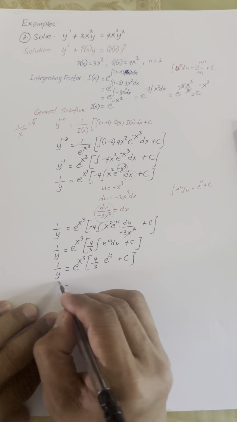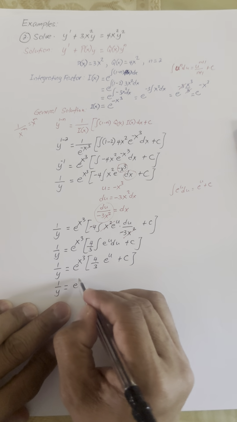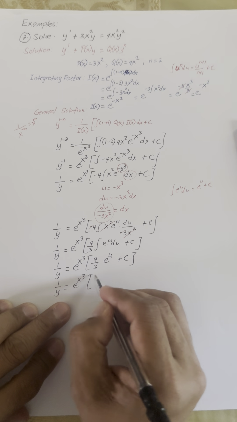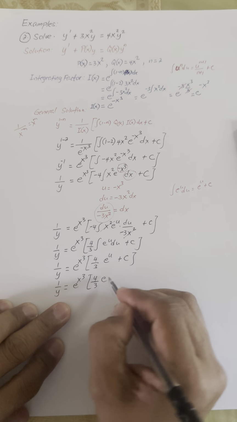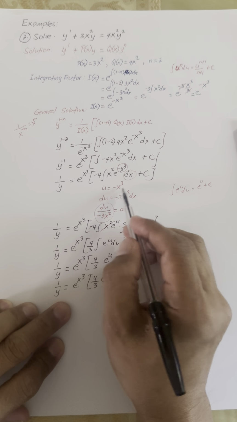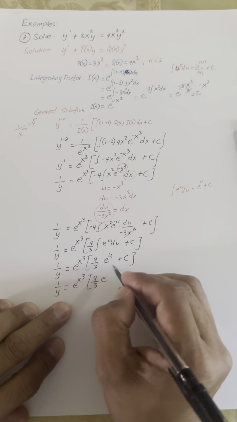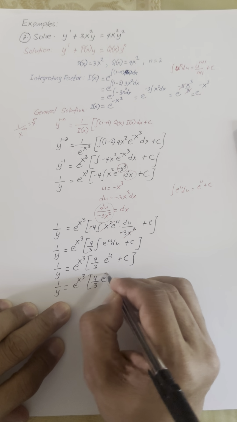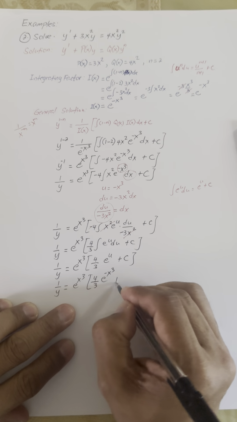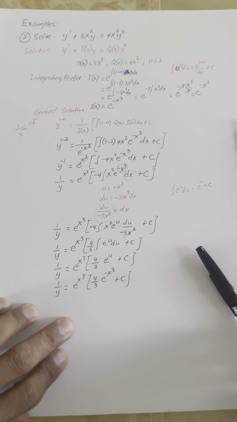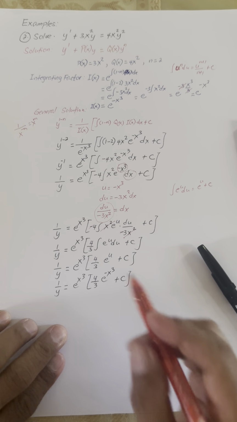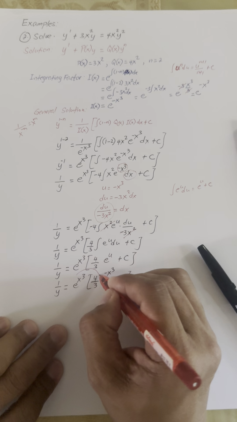Then substituting the value of our u, which is minus x cubed, so minus x cubed, then plus c. Then we apply the distributive property of multiplication, so distribute this and multiply.